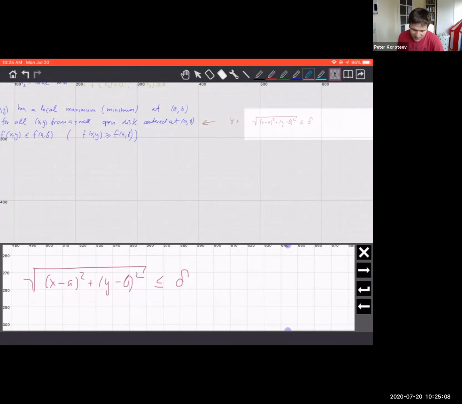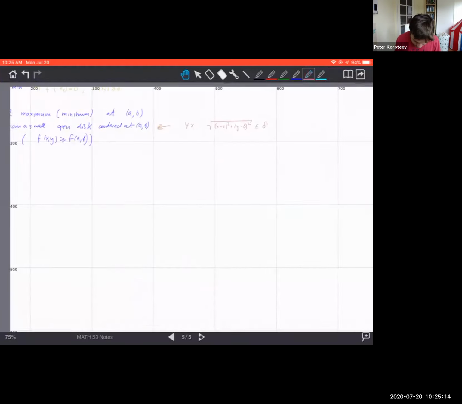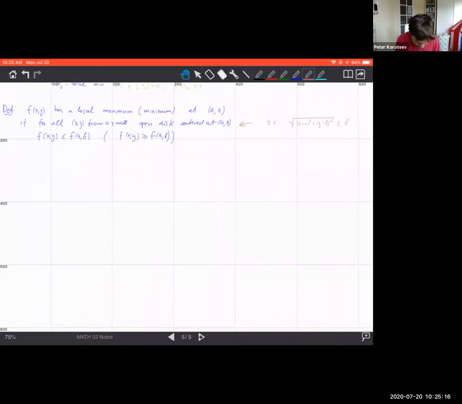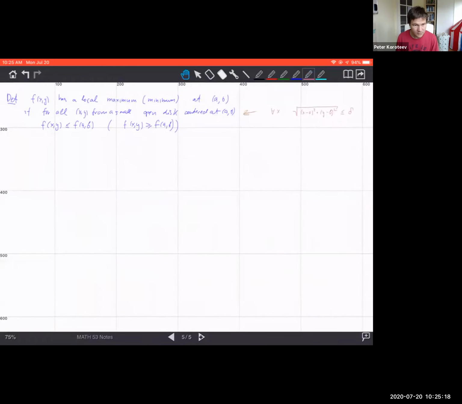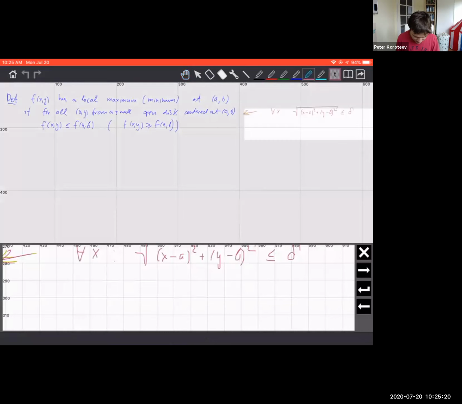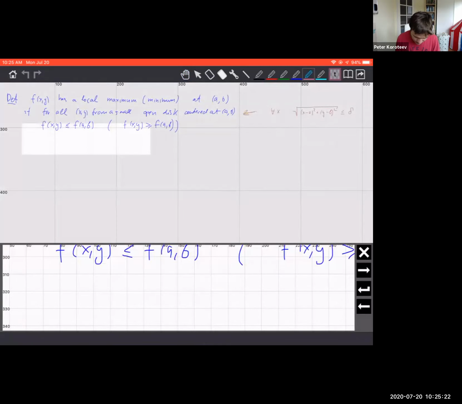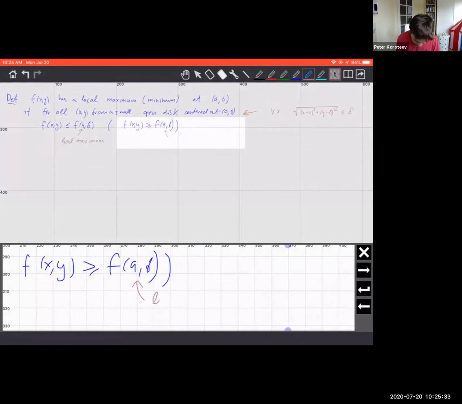As long as delta is positive, if such a positive delta exists, then it will do. In the first instance, this is called a local maximum, and here it is called a local minimum.